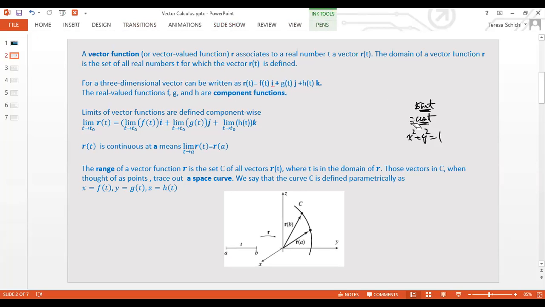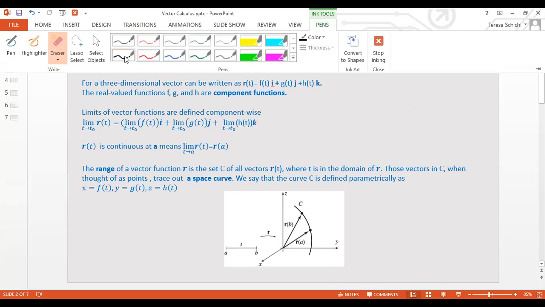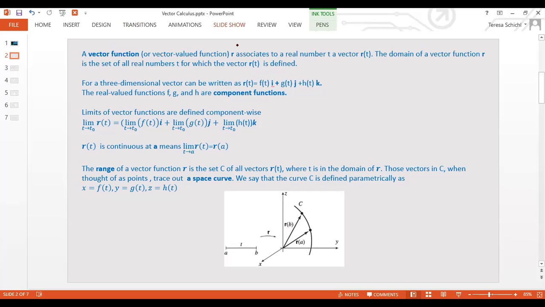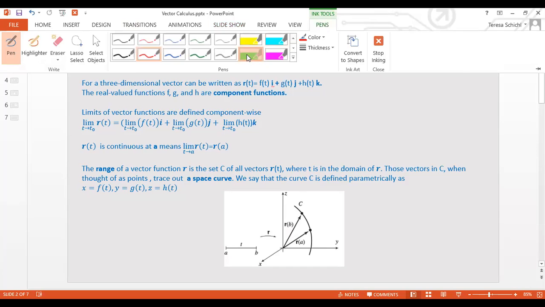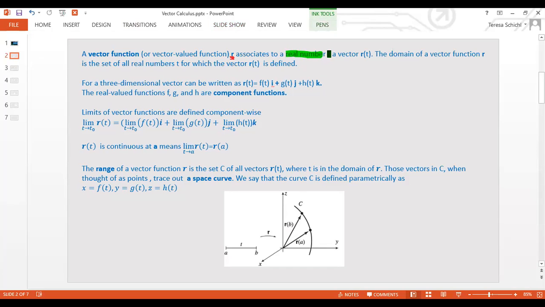In here, a vector function is very similar to the parametric function. You just expand that to R3. First, we say vector functions, and sometimes we say vector-valued functions. We use r to represent vector functions, and it's associated with a real number t.